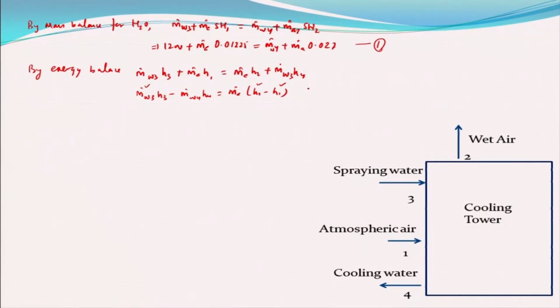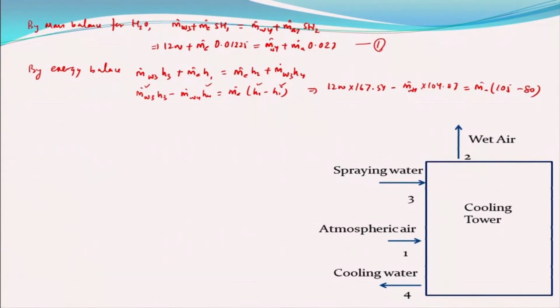So we can write down here like that, 1200 into H3 is known, that is 167.54, minus MW4 into, H4 is known, 104.87, is equal to M dot A into 105 minus 80. This we already know from the psychrometric chart.